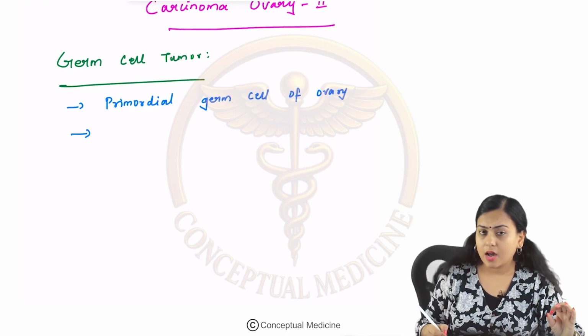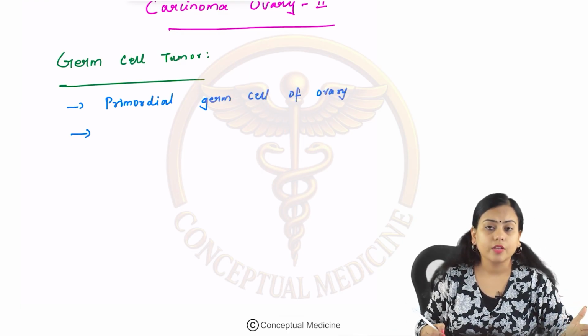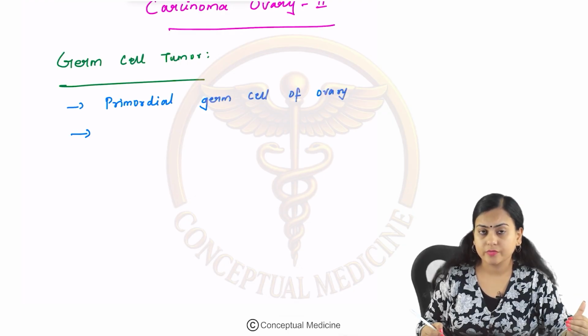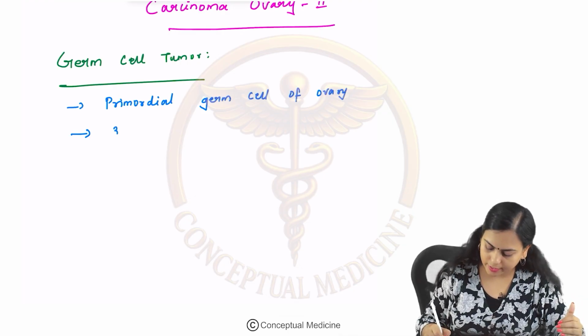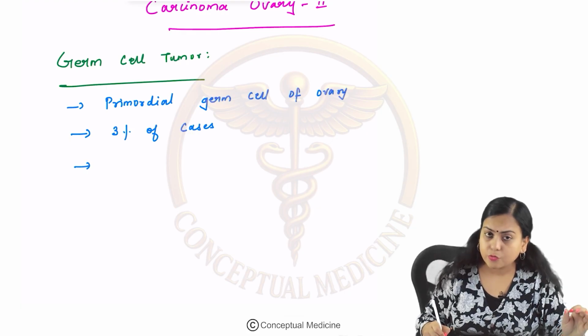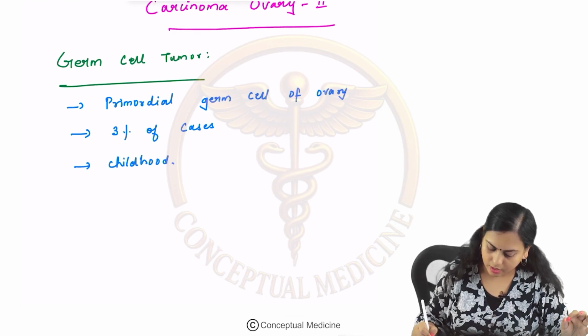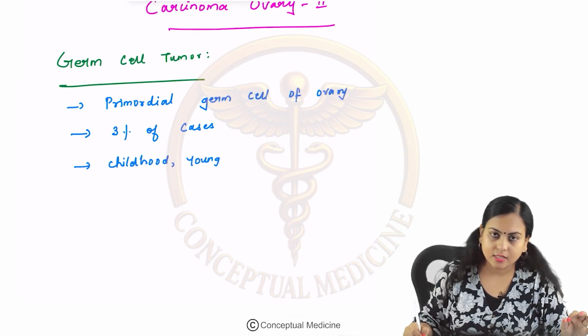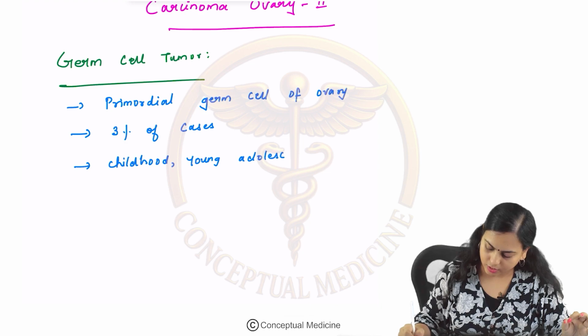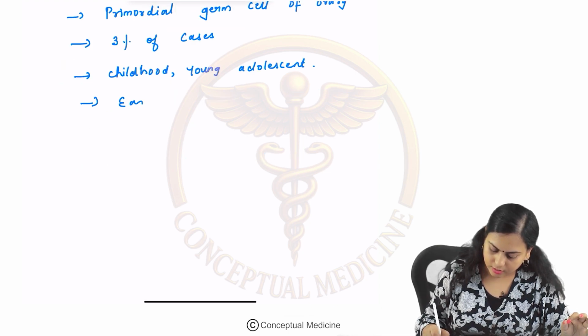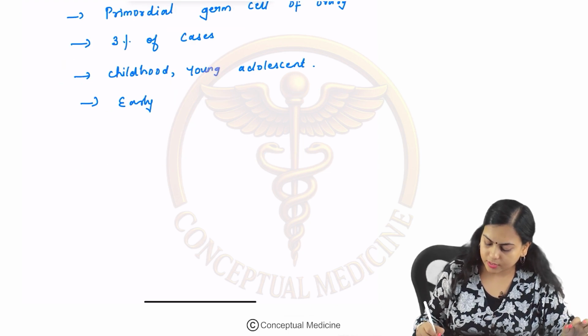Okay, and among all the malignant ovarian cancers, germ cell tumors which are malignant will constitute only about 3% of cases, and it is mostly seen during childhood and young adolescent age.